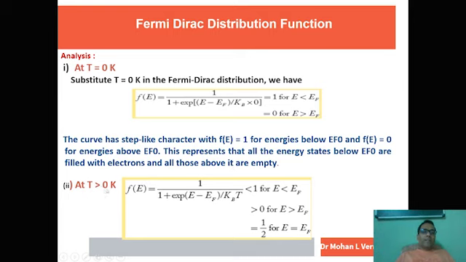Now at T greater than 0 Kelvin, the Fermi function is less than 1 for E less than EF, and greater than 0 for E greater than EF, and it is half when E is equal to EF.